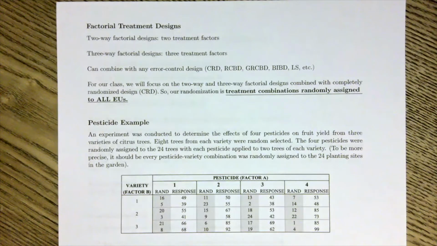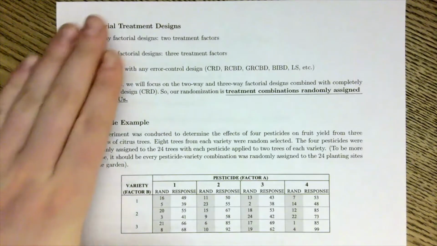Now, we could expand the factorial treatment designs to have 4, 5, 6 treatments, but those designs start to get really big in terms of the number of treatment combinations to look at. But once we understand 2- and 3-way factorial designs, we can apply and extend the idea to higher factorial designs, which we'll see in this lesson when I convert from a 2-way factorial treatment design to a 3-way factorial treatment design.